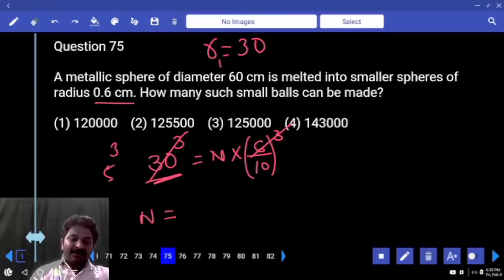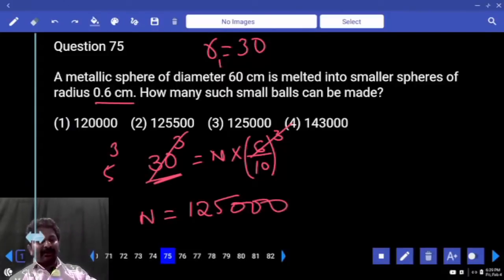Then n is equal to 5 cube, 125. The right hand side denominator 10 cube, 3 zeros, comes here and it becomes 1,25,000. Third option. Over. Understood everybody?